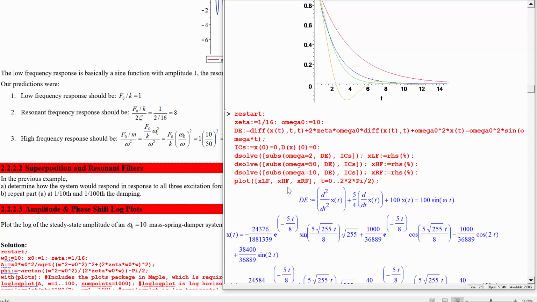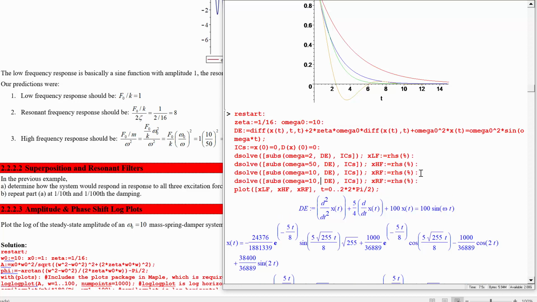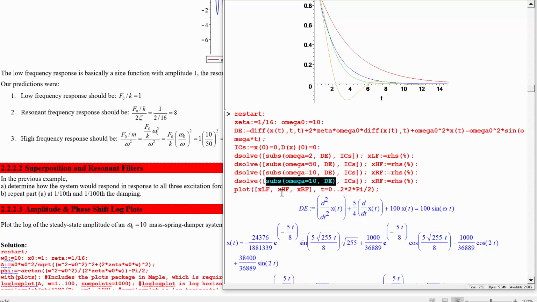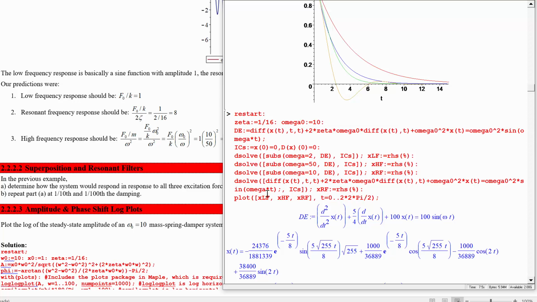Yeah, so if we imagine that we're going to solve not just this, but this same differential equation equals omega naught times 3 different sines, right?